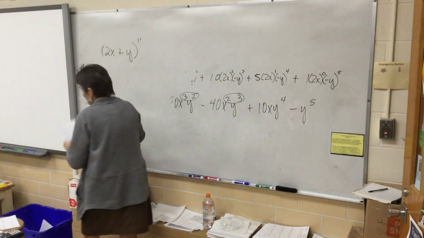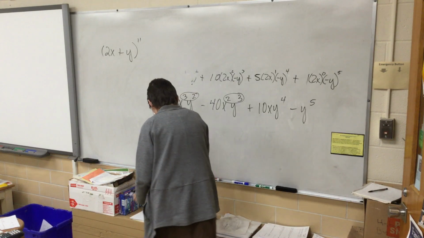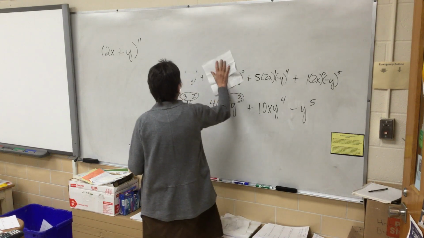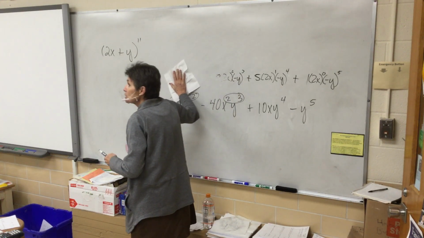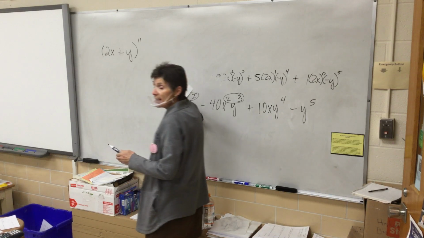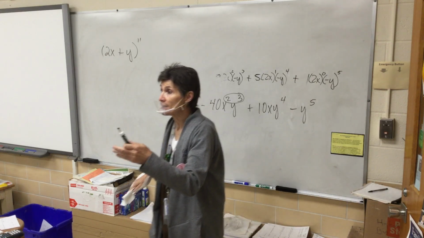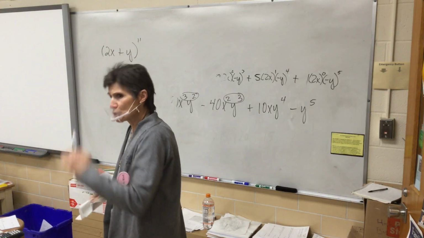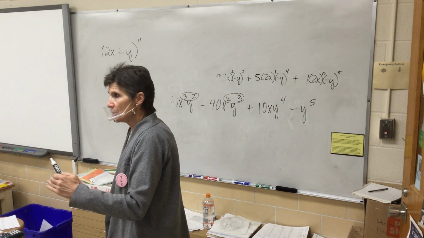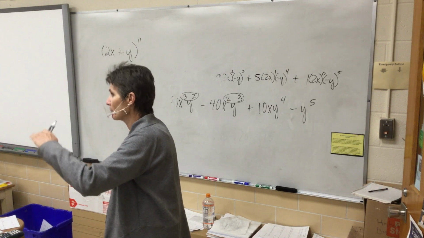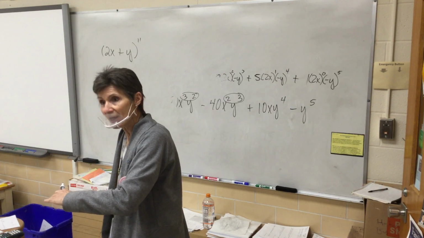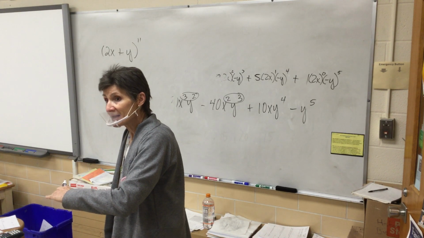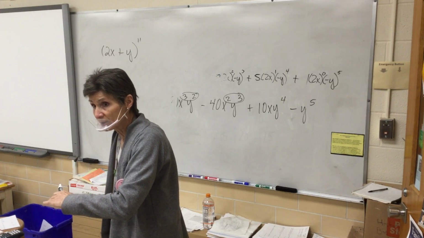Why does it bother me a little bit that it's to the 11th power? The triangle's going to be huge, right? If I need the 11th row, can I just jump to the 11th row? No, don't I have to go row by row to build that? That stinks. It's going to be huge.